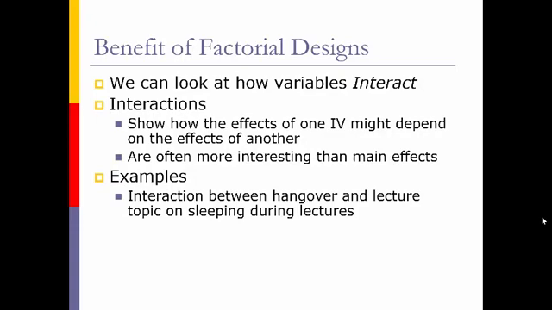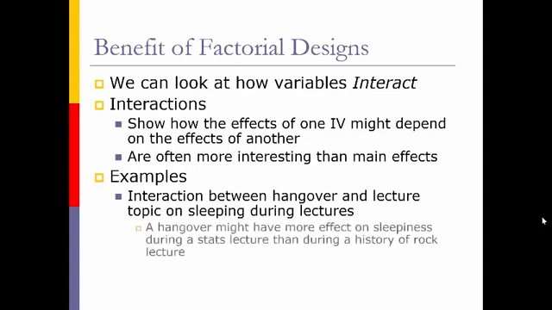So it's kind of taking that ANCOVA, and here we're adding, instead of a covariate, we're adding multiple independent variables. So a good example of this is the interaction between hangover and lecture topics on sleeping during lectures. So a hangover might have more effect on sleepiness during the statistics lecture than during the history of rock lecture.